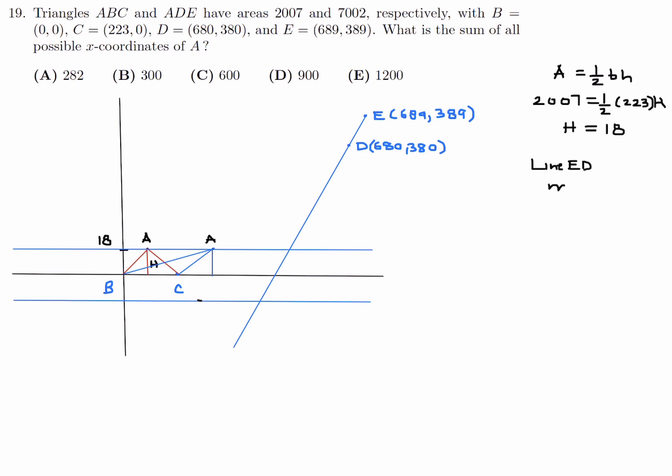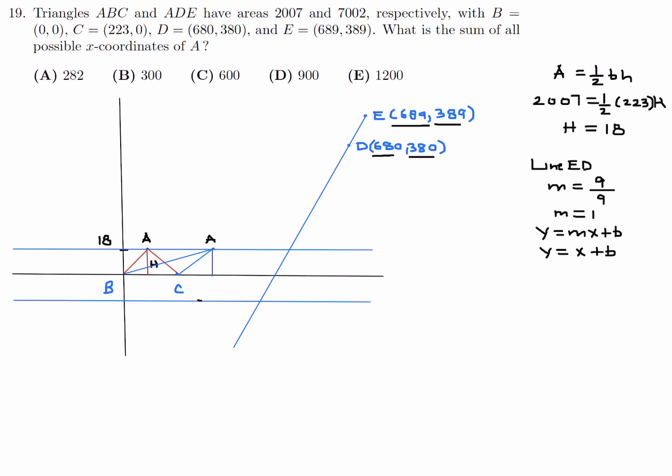first and foremost, let's find the slope. The slope is rise over run. So the rise looks like from 380 to 389, so that's 9. The run is from 680 to 689, so that's another 9. So the slope is just 1. Okay? And therefore, y is equal to mx plus b. Very quickly, we get y is equal to x plus b.